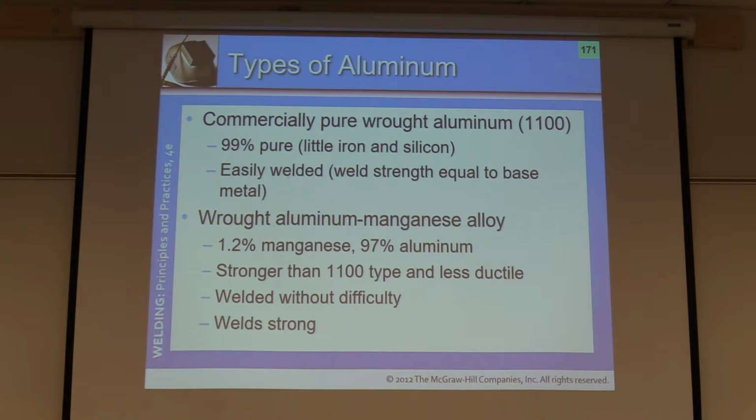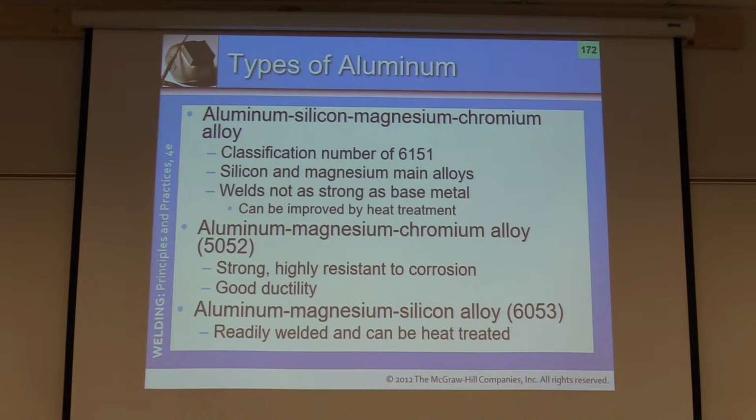Wrought aluminum, 1.2% manganese, 97% aluminum, stronger than the 1100 type and less ductile, welds without difficulty, and welds strong. Aluminum, silicon, magnesium, chromium alloy, classification number of a 6151. Welds are not as strong as the base metal, but can be improved by heat treatment as well.